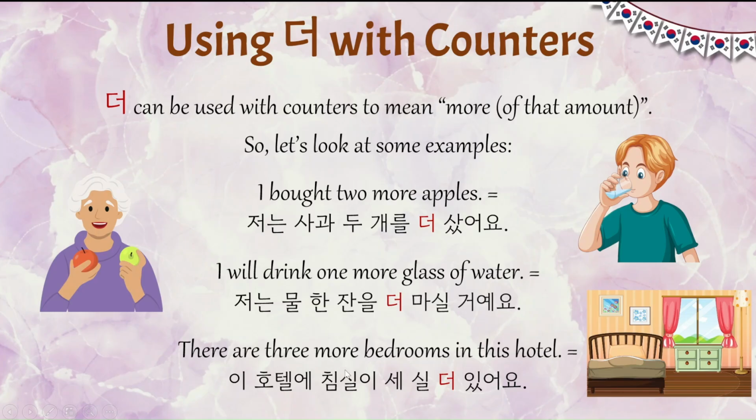There are 3 bedrooms in this hotel, 이 호텔에 침실이 3실 있어요. Now you have to say 3 more bedrooms. 침실이 3실 더 있어요. Okay? So this is how you use 더 with Korean counters.